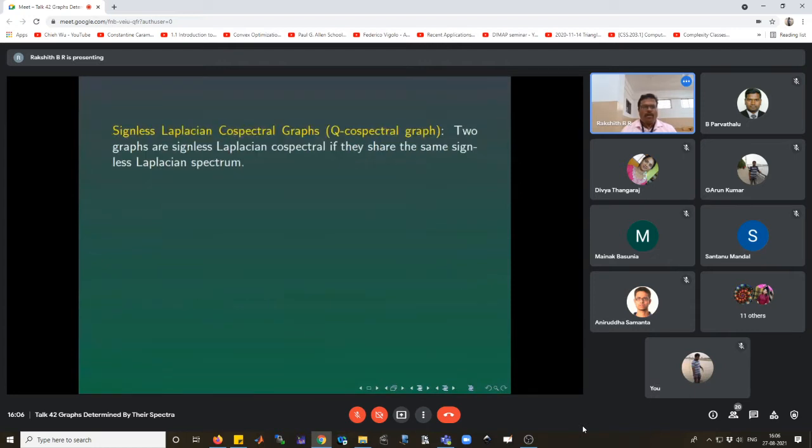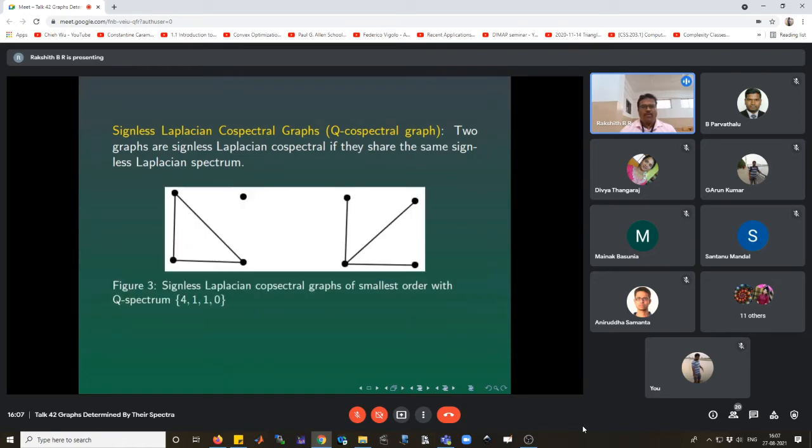On similar lines, we define signless Laplacian co-spectral graphs, that is, Q co-spectral graphs. A simple example of signless Laplacian co-spectral graphs is shown in figure 3. Note that one is disconnected and the other is connected, but still they share the same signless Laplacian spectrum.